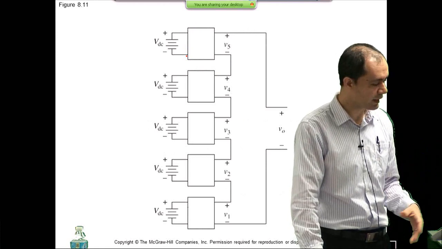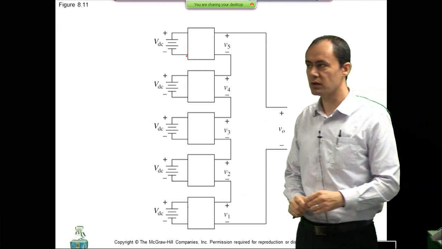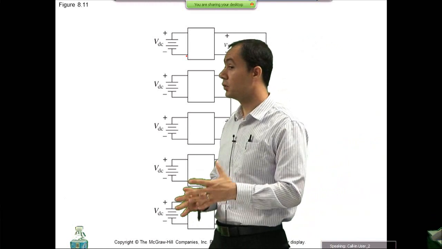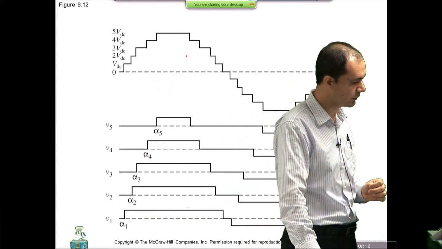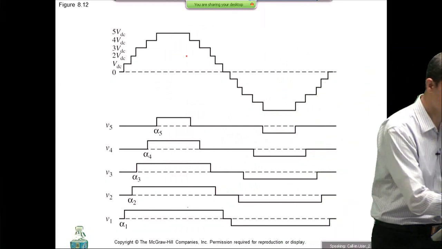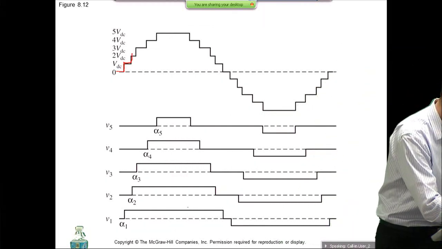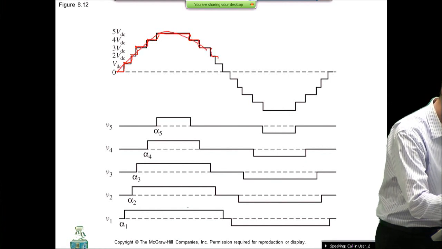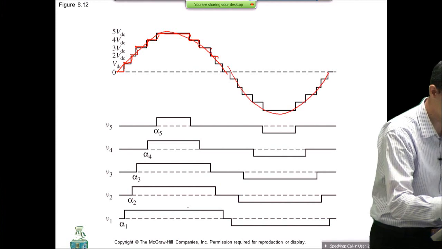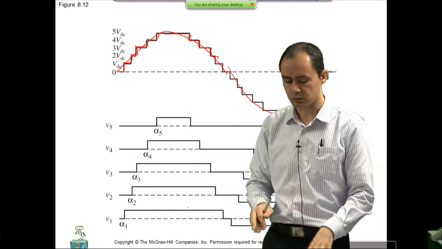Then you can keep doing that and keep stacking these H-bridges with each other. For instance, you want to achieve a high voltage value using low voltage DC sources that you have available, and construct an output voltage that is, again, a staircase kind of a thing. But again, the argument is you are getting closer and closer to an ideal sinusoidal waveform as your output voltage.